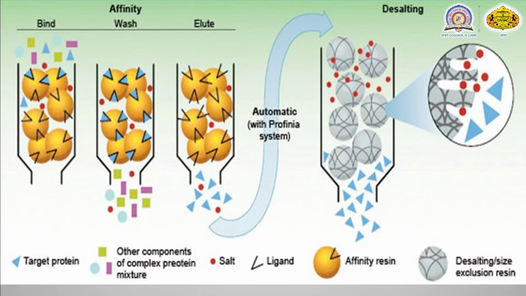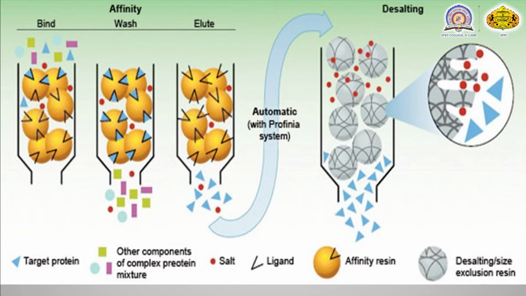In the first column you see the target protein, the square, the rectangle, and the circle. They are the other components present in the solution. The acute angles represent a ligand, the yellow molecules are the affinity resins, using a matrix, and the red circles are the solute.